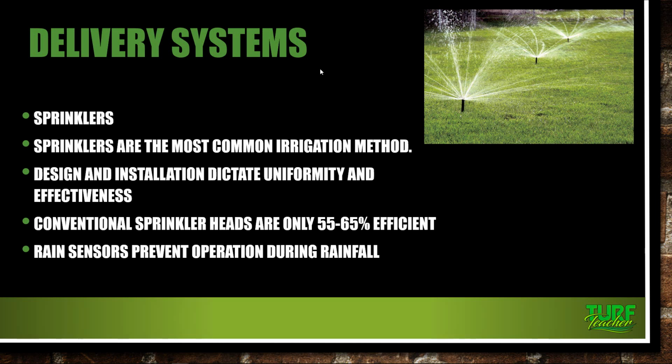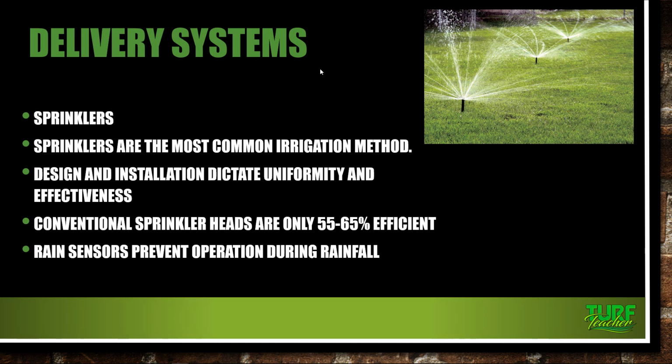But sprinklers, typically the most popular or most common method of applying water to the landscape, turf grass, and any plantings, is done by sprinklers. The design and installation will dictate the uniformity and the effectiveness of the irrigation system.